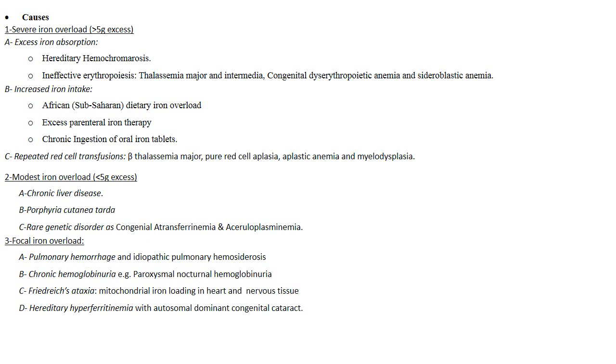Other causes of iron overload include a defect in ferroportin, known as sub-Saharan African dietary iron overload. These patients have a defect in ferroportin which makes it unresponsive to hepcidin. The entry of iron from the GIT into the circulation will increase in these patients.